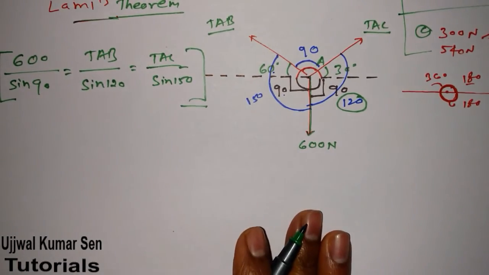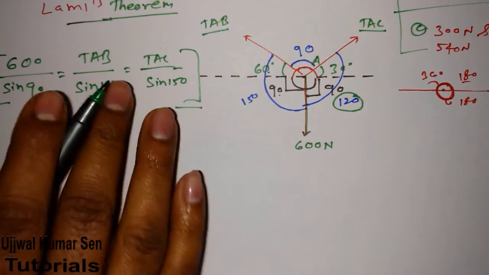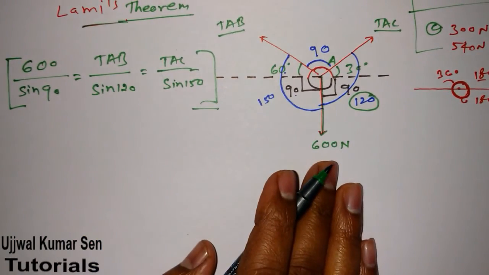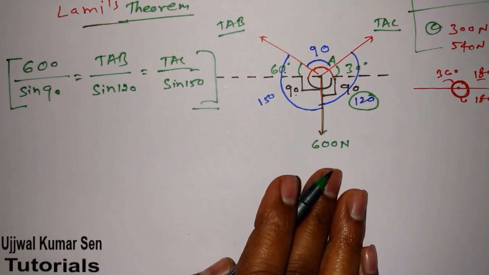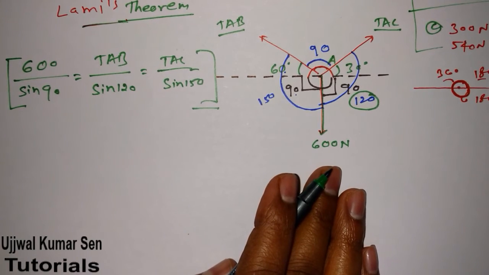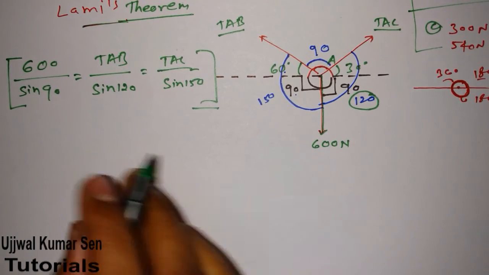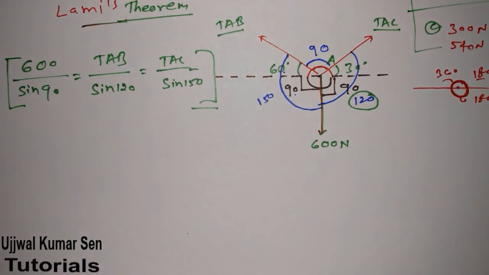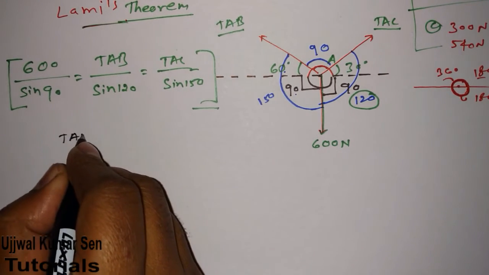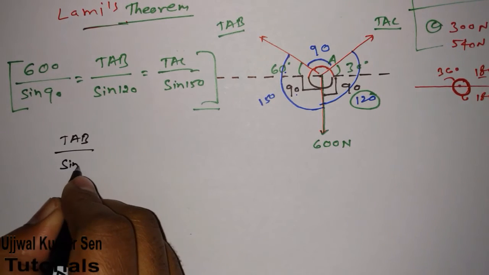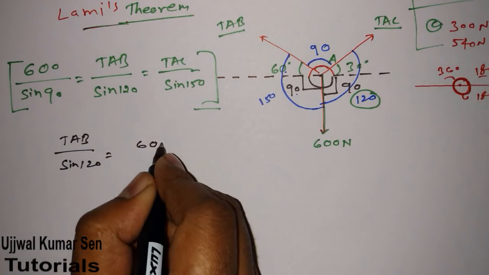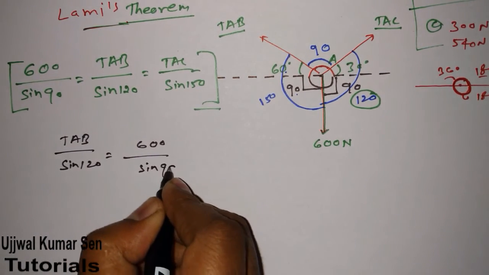Okay, so maybe you have solved a few problems, even numerical problems in any subject, mathematics also, you can solve it quite easily. Okay, if you cannot think, don't worry, I am sharing with you. So TAB by sine 120 is equal to 600 by sine 90.